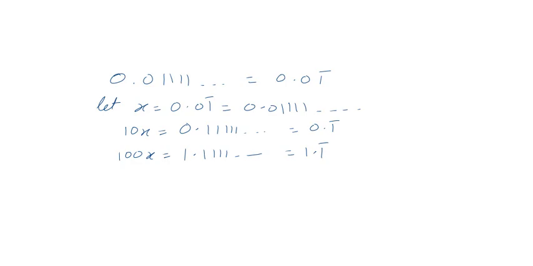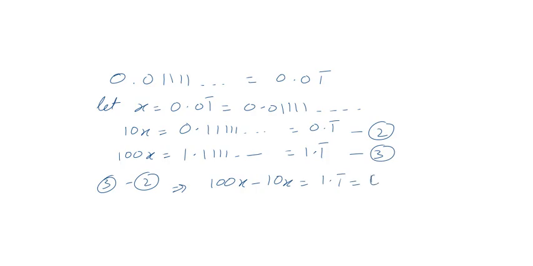Subtracting equation 2 from 3. 3 minus 2. We get 100x minus 10x equal to 1, implies 90x equal to 1, implies x equal to 1 by 90. Now, if you divide by calculator or anything, it will show the same result.